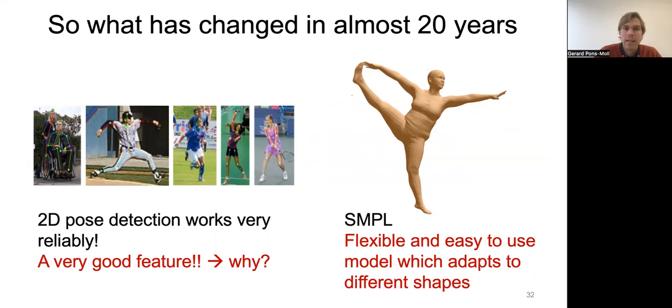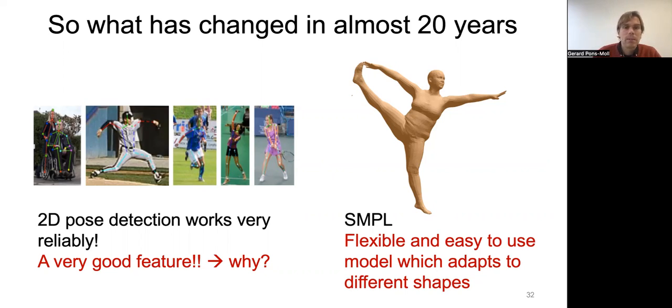These are methods that can automatically detect the joints of people in images quite reliably. Those are based on convolutional neural networks that detect knees and feet and heads and hands in images. They've been trained with a lot of data, because data in 2D is easy to annotate. It's easy to collect training samples of images and 2D joints. And so this works quite reliably.